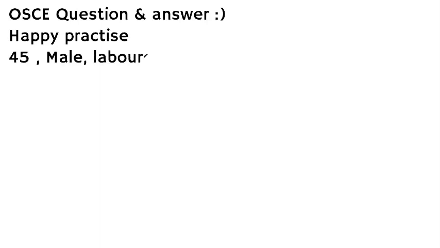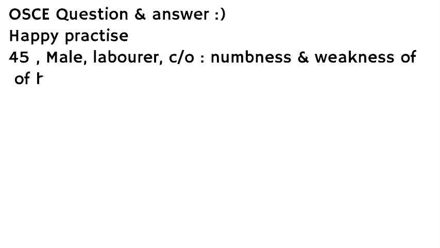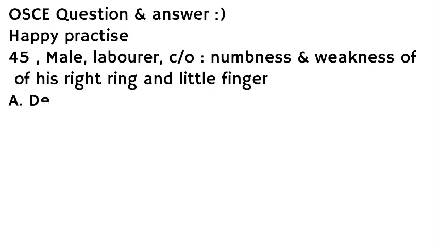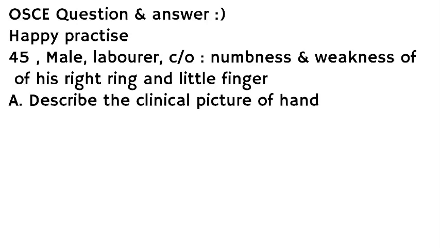Happy practice. A 45-year-old male laborer complained of numbness and weakness of his right ring and little finger. A. Describe the clinical picture of the hand, 2 marks, as illustrated.